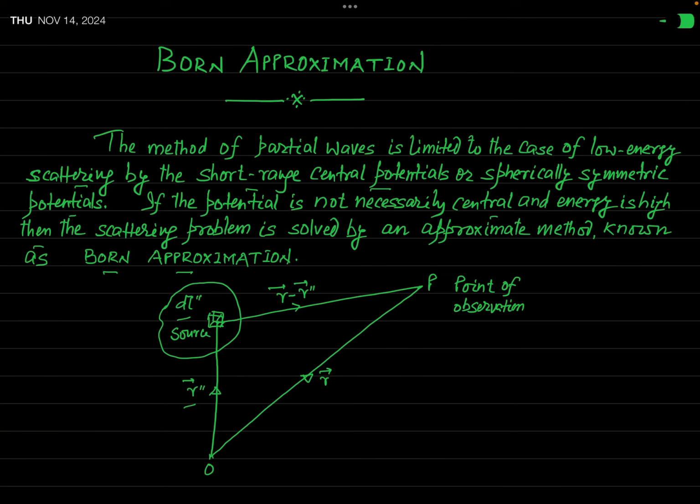And this P is the point of observation where the effect of this potential after scattering will be observed. I have shown in this figure that R is the radius vector or the position vector of the point of observation relative to this arbitrary origin.